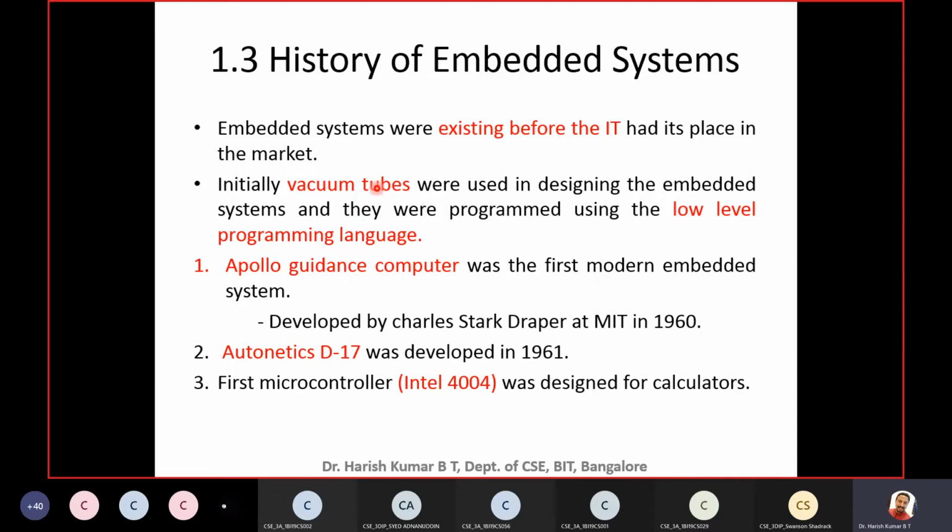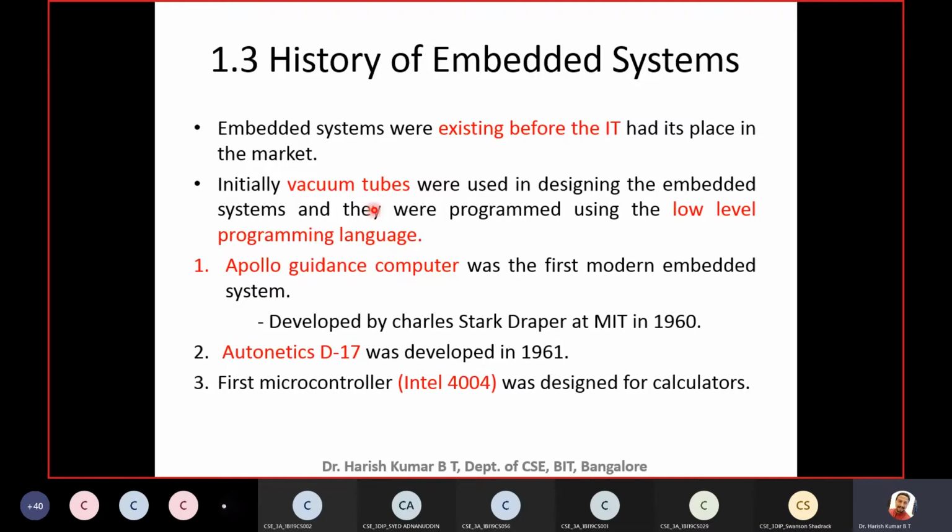These vacuum tubes used to perform the role that transistors and diodes are doing now. Now how vacuum tubes look, you can just Google this word and you will get plenty of pictures. I forgot to put one here, but you can always Google and see how vacuum tubes used to look.